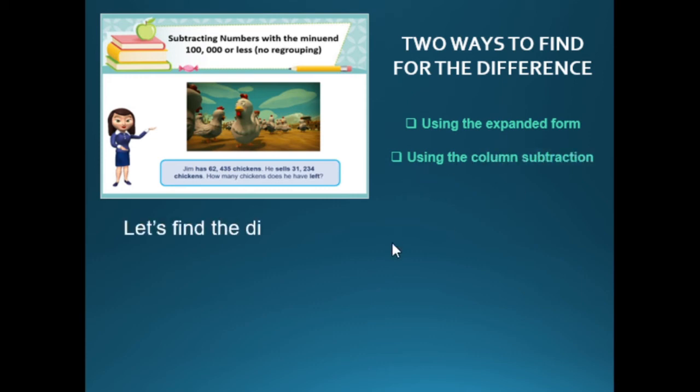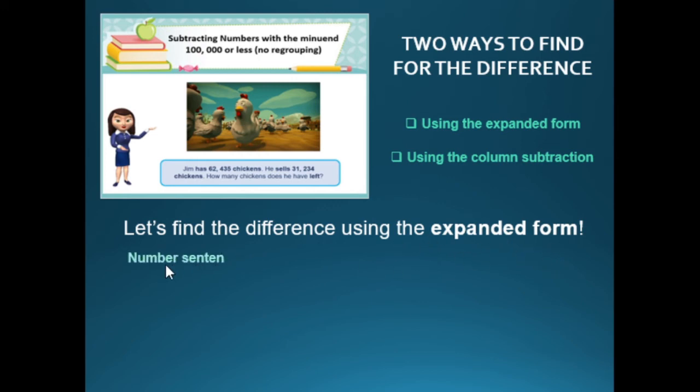Now let's find the difference using the expanded form first. Okay? Expanded form. So our number sentence is 62,435 chickens minus 31,234 equals unknown.